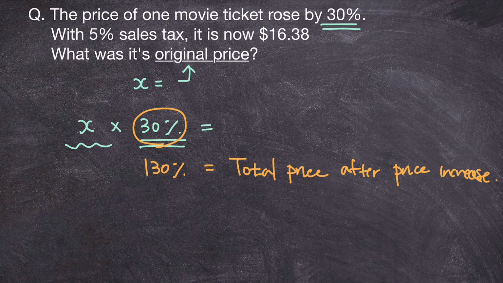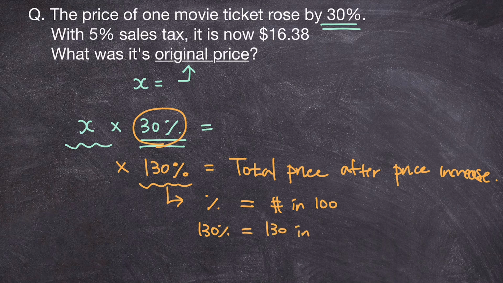Okay, so I'm going to multiply 130%, and as I have told you in many of my other videos, you can think of percent as number in 100. So 130% is equal to 130 in 100, or 130 over 100, or better yet, 1.3.